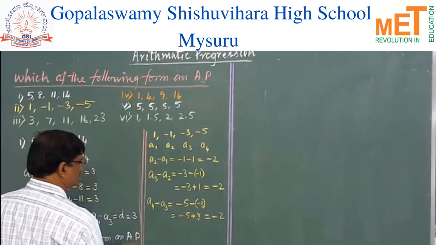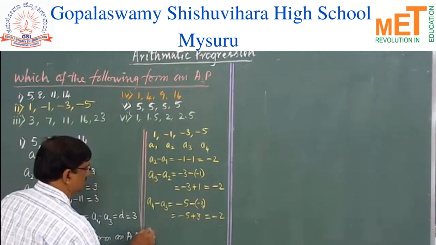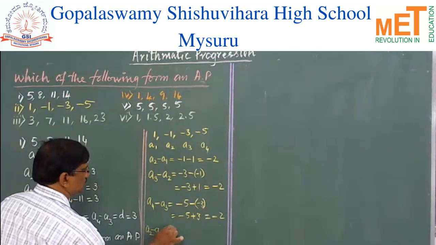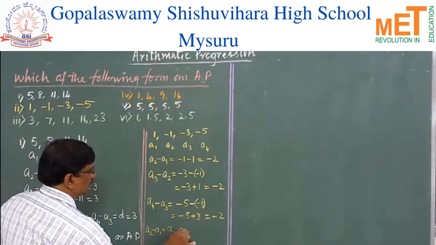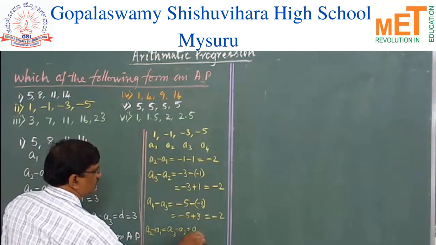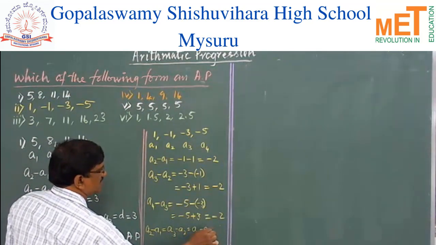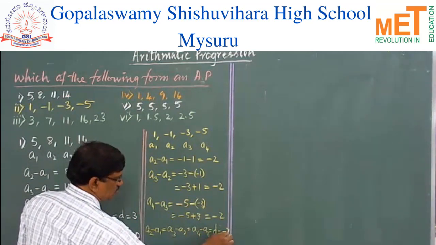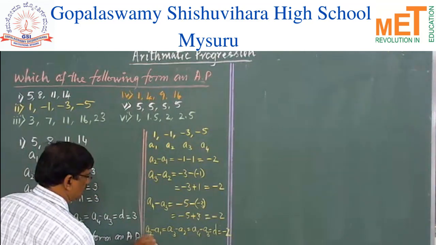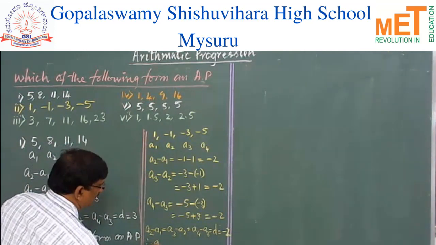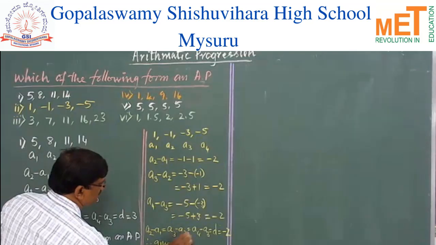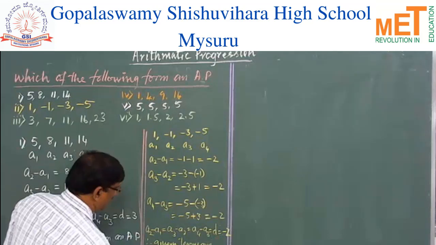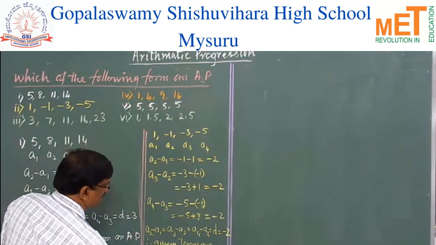So from this we can come to a conclusion that A2 minus A1 is equal to A3 minus A2 is equal to A4 minus A3 is equal to D is equal to minus 2. What is this? Minus 2. Therefore, the given terms are in AP.